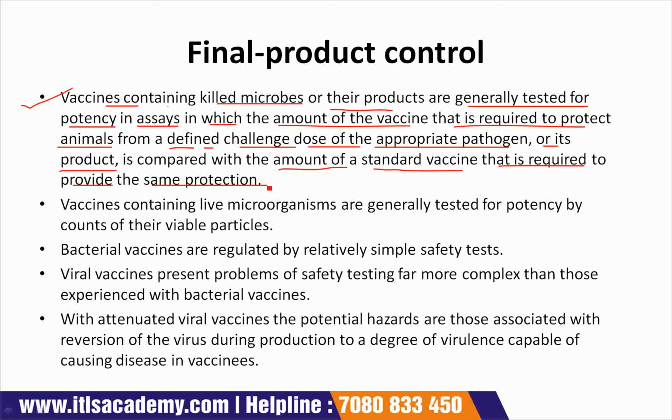Three logarithmic serial doses of the test vaccine and three logarithmic serial doses of the standard vaccine are made, and each is used to inoculate a group of 16 mice.